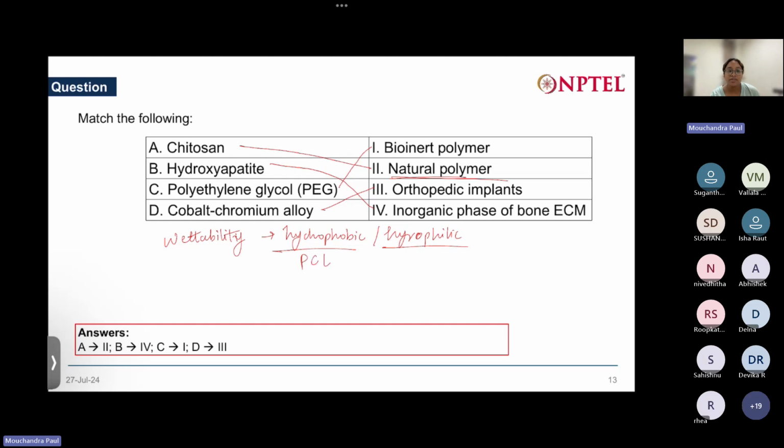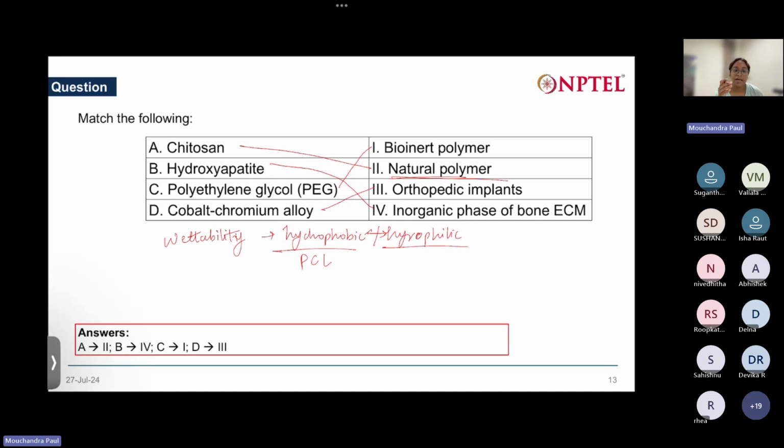So when you're trying to select a biomaterial for growing cells, we try to maintain a balance between hydrophilicity and hydrophobicity. We do not want the material to be very hydrophilic or very hydrophobic, because in either scenario, cells will not be able to interact.